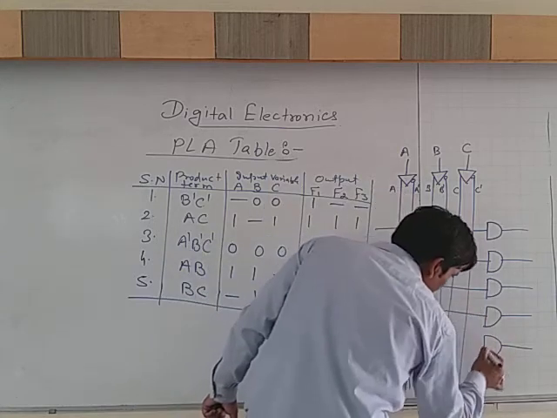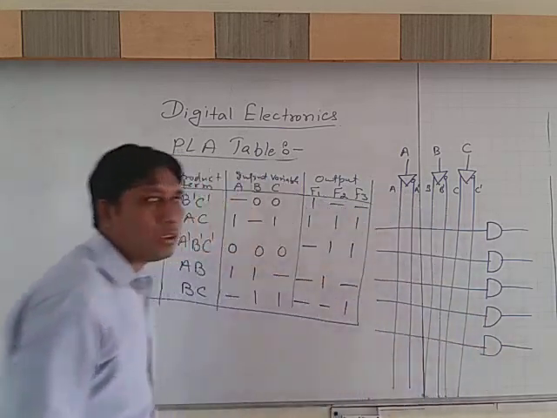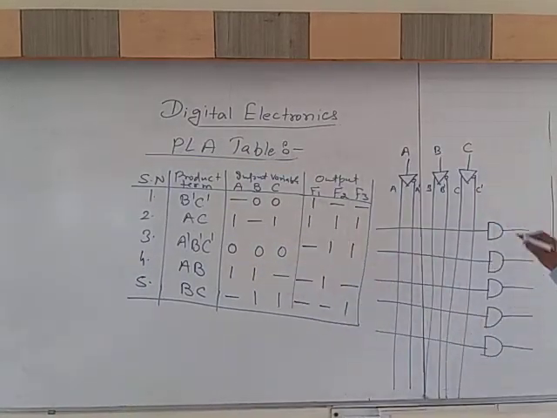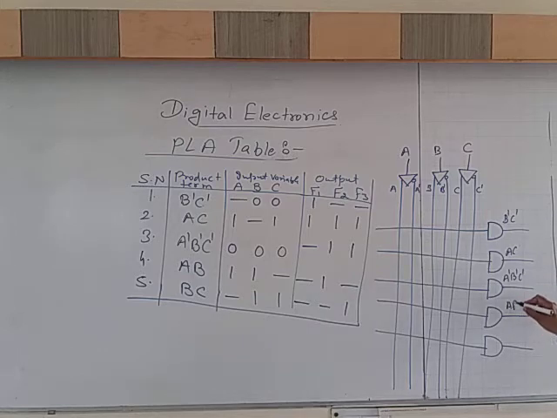And at this we will just do the program. This AND gate will give us the first, that is B dash C dash, second one will give us AC, third one will give us A dash B dash C dash, fourth one will provide AB, and fifth one will give us BC.